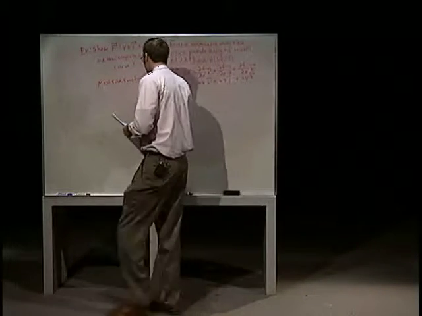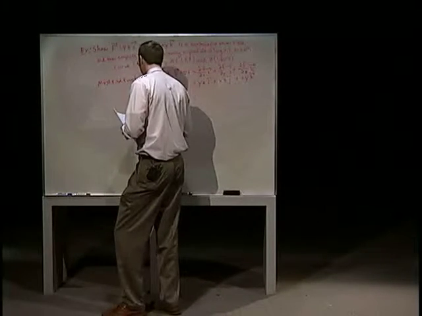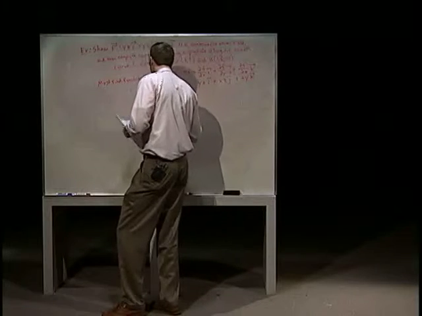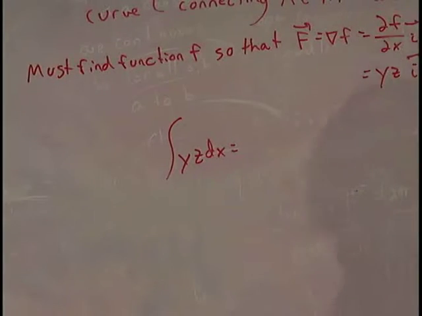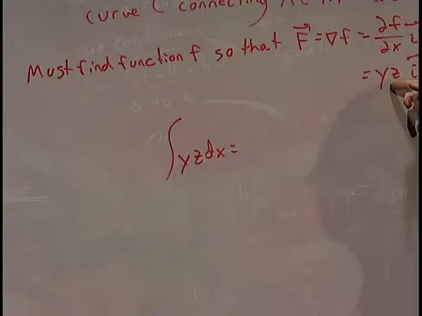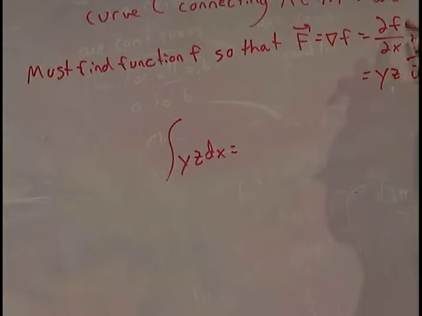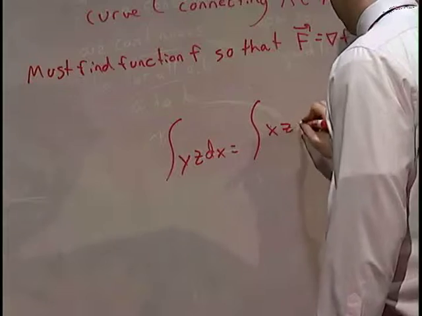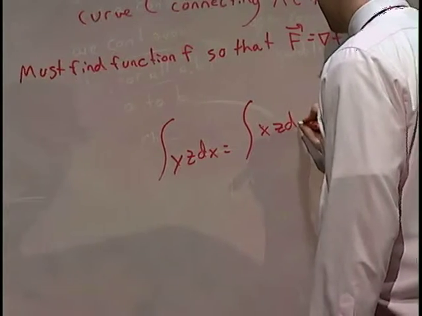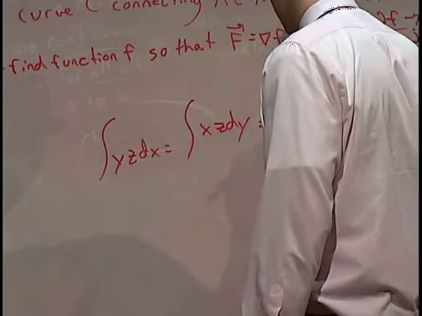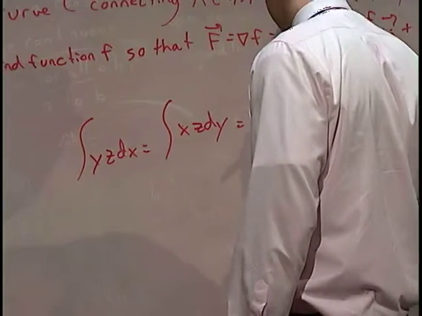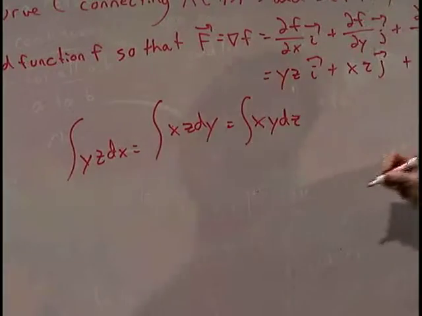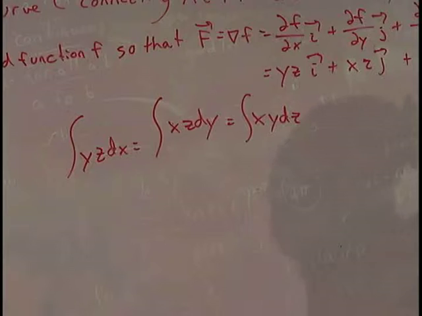Well, lucky for us, this one is extremely easy. If we were to integrate this with respect to x, that would be like saying what function has partial derivative with respect to x equal to yz. Well, it turns out that's exactly the same integral we get if we integrate xz with respect to y, and the same integral we get if we integrate xy with respect to z.